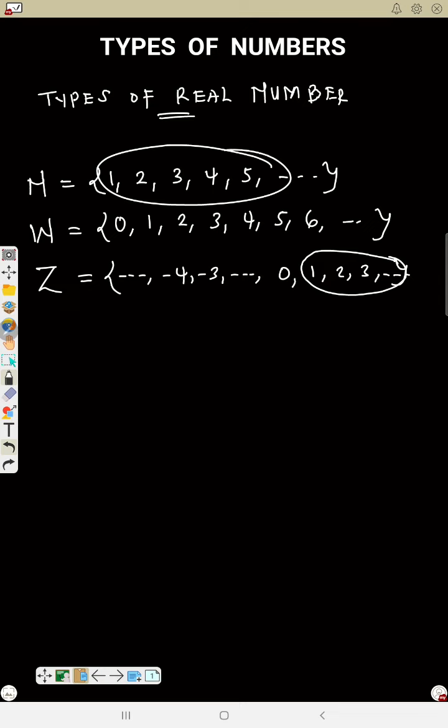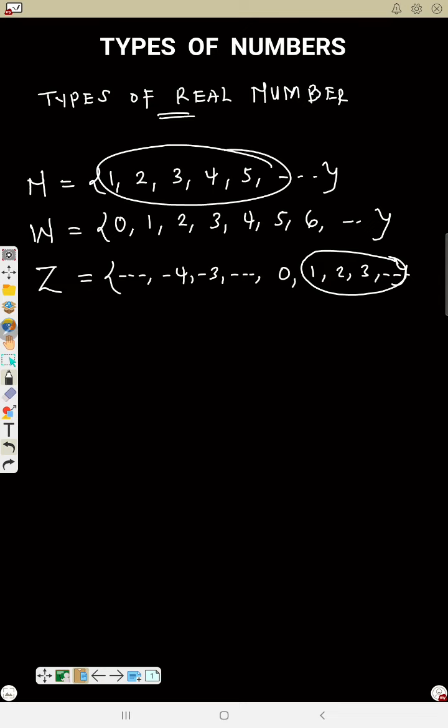And 0 divided by any number is 0. 0 divided by anything, in short, is equal to 0, apart from 0 divided by 0.